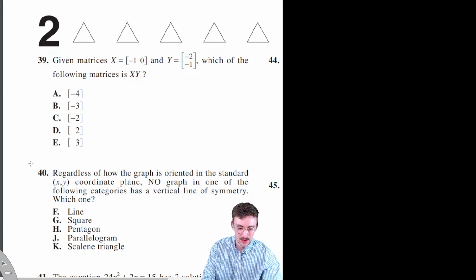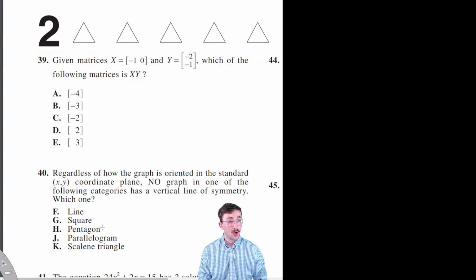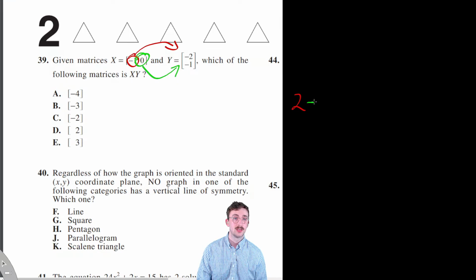So knowing how to multiply them, which actually I'm rusty on, so they might get me with this one. What I believe is you do -1 times -2, which would give you 2, plus, and then let me color code this, 0 times -1, so plus 0. So I think it would just be 2, which is D. Sorry, letter D. Cool.